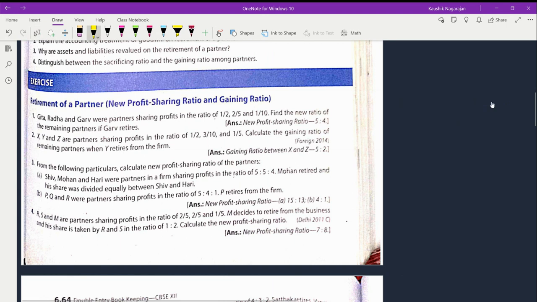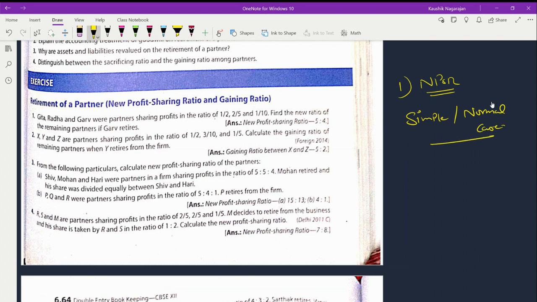So first, let us discuss the first type in NPSR computation. We have simple or the normal case problem.